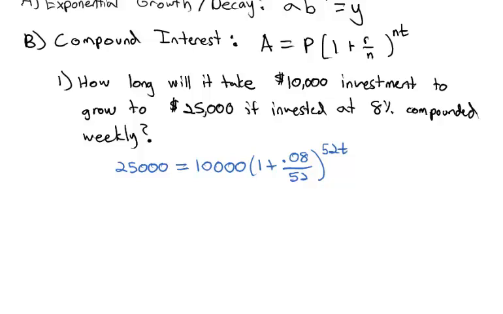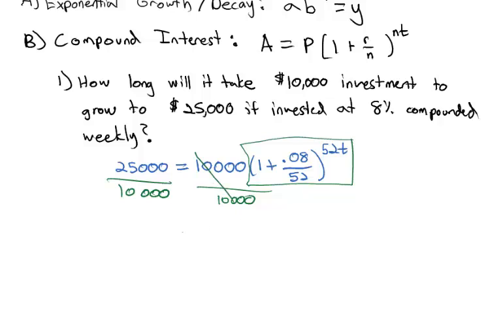And then we can go about solving this equation for the variable t, or time. Notice that t is in the exponent, so we're going to get the part with the exponent alone, and we do that by first dividing out the $10,000. That's going to give us 2.5 is equal to 1 plus 0.08 divided by 52 to the 52t.